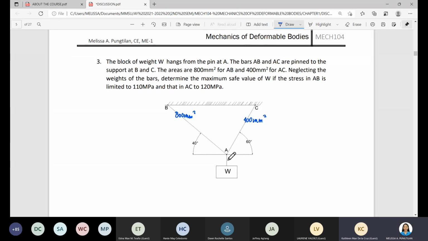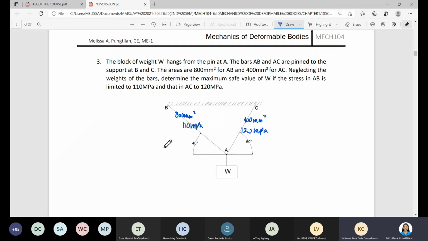So ano daw yung pinaka-safest value ng ating W para hindi magkaroon ng deformation yung ating AB or AC. Okay, so yung ating AB, it has a stress of 110 megapascal and yung ating AC is 120 megapascal.